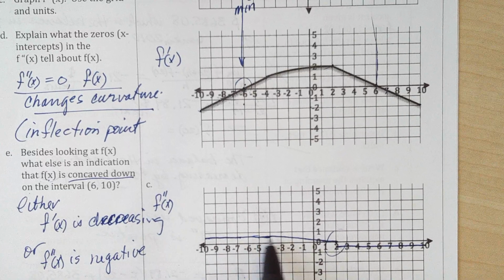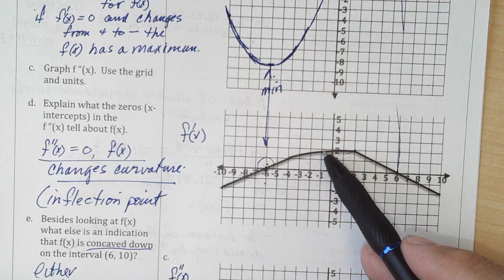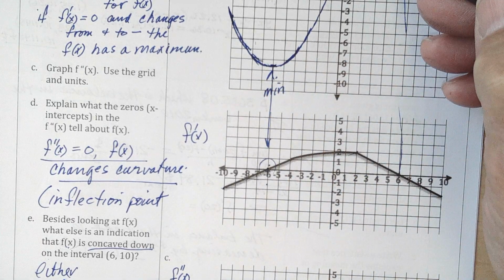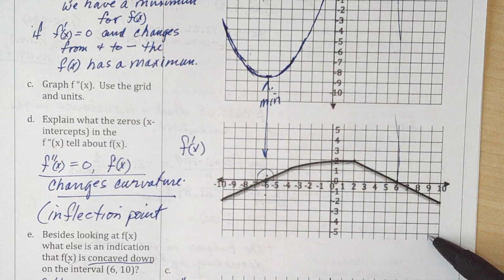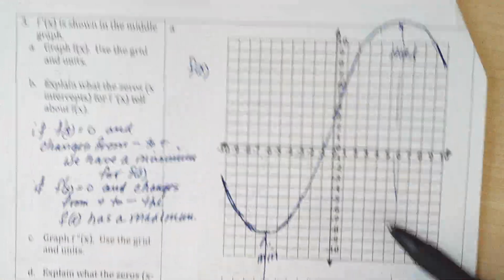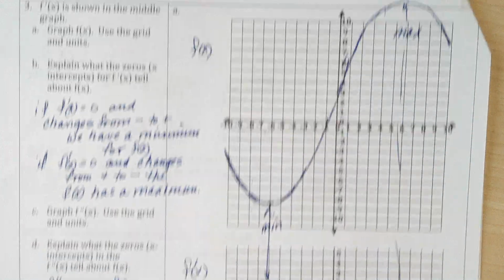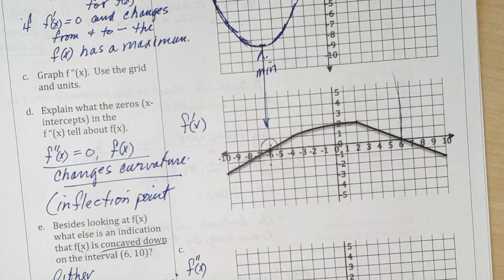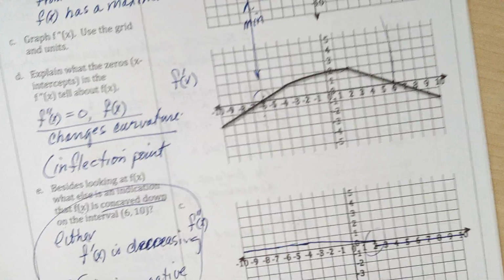And notice when this was positive, this was increasing, this was concave up. When this is decreasing, this is negative, and it's concave down. That's what I'm looking for you to understand in E.